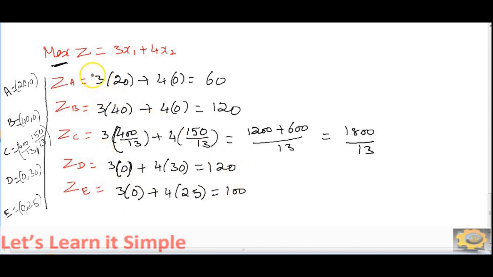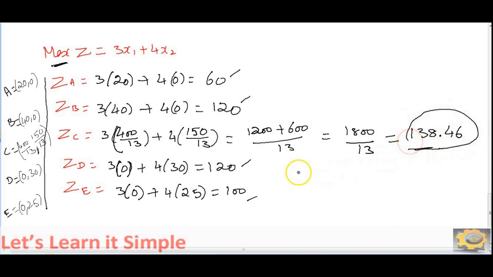Now the objective function is maximum. At A it is 60, B 120, D 120, E 100, whereas at the point C, 1800 by 13 amounts to 138.46. Therefore this is the maximum one.